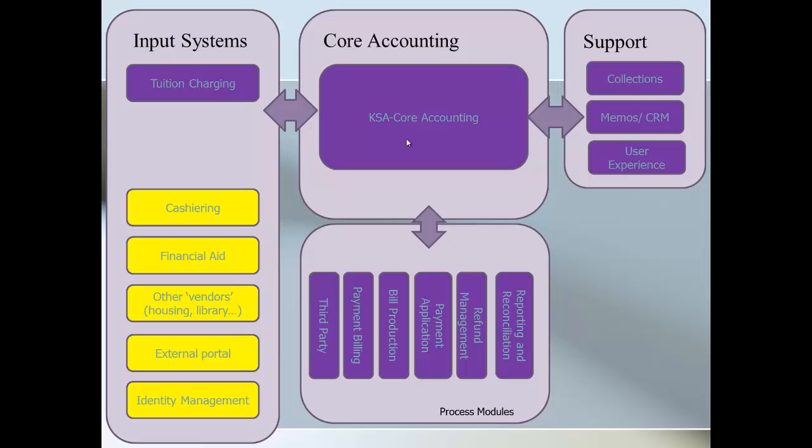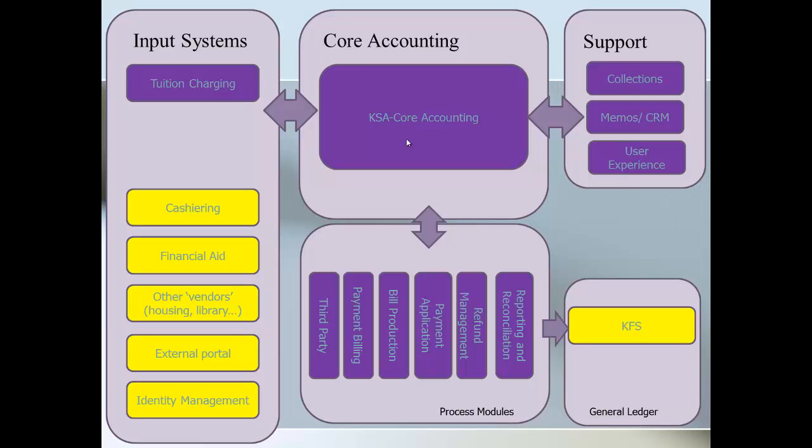Your housing system may have to feed charges into the system. A lot of schools have a parking system that would require parking fees to be paid through the system. You may have some kind of external portal for your students that could connect to this system. And the whole system relies on identity management, which is KIM out of the box, so you can integrate with your campus-wide identity system. We export all general ledger transactions out to obviously whatever general ledger you're using. By default, we integrate with KFS out of the box.